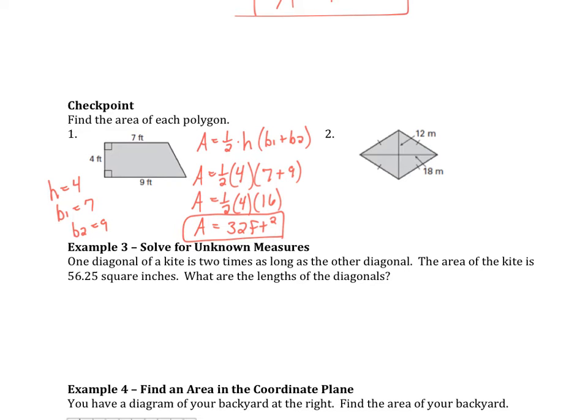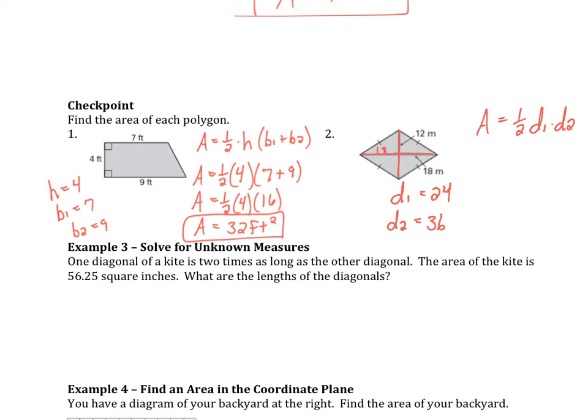Okay, then find the area of the rhombus in number 2. Area of a rhombus is 1/2 diagonal 1 times diagonal 2. So first we got to find the diagonals. Diagonal 1, half of that diagonal is 12, so the whole diagonal is going to be 24. And the second diagonal, since half of that is 18, the whole diagonal is going to be 36.